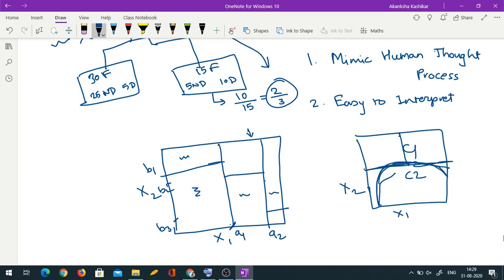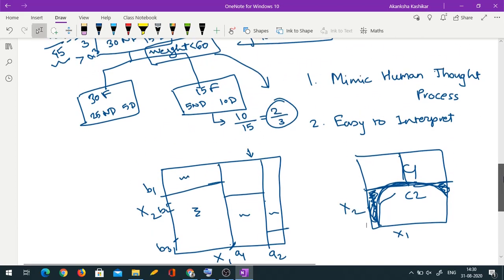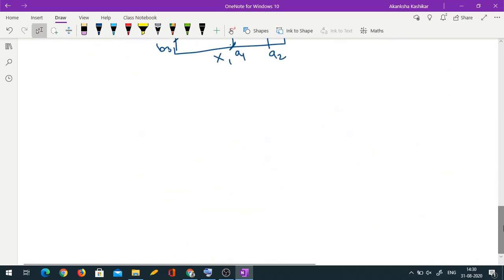So this is one split, this is another split, but then you will have these as misclassified observations. Trees are constructed on the basis of binary splits, and that too on the basis of one variable at a time. Hence they do have their limitations, but as I said, they are easy to interpret and mimic the human thought process, so they are used a lot.